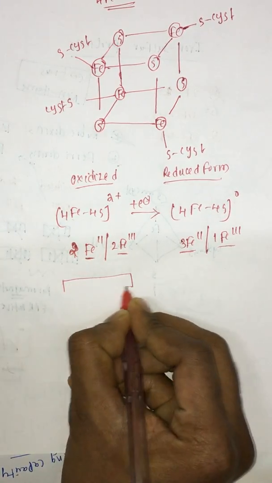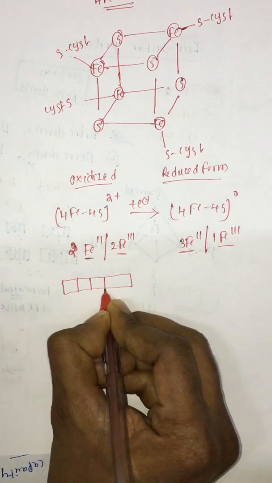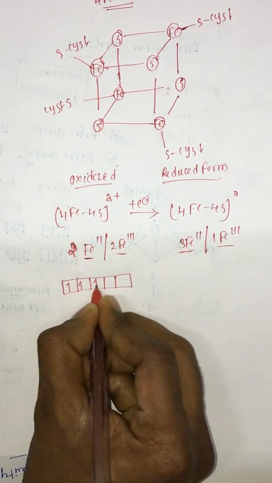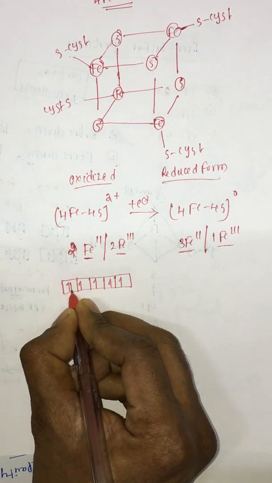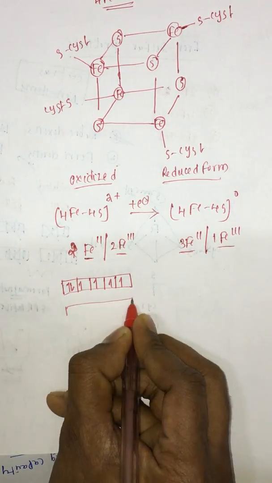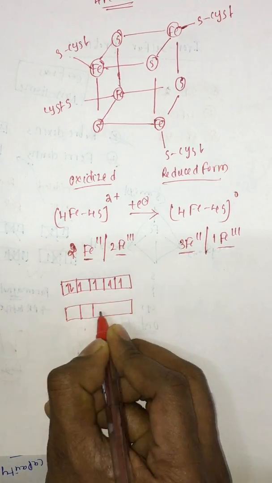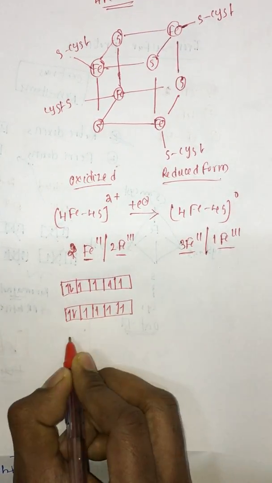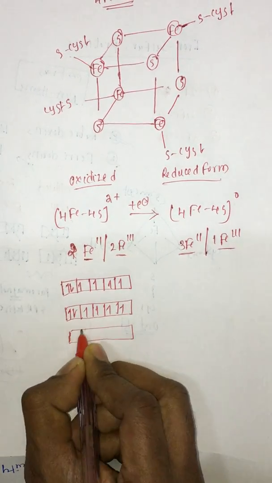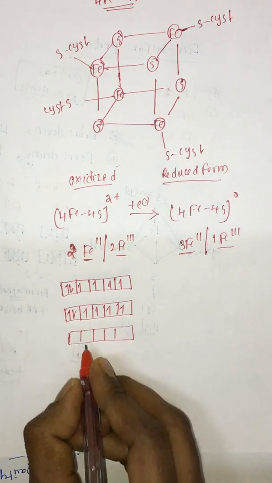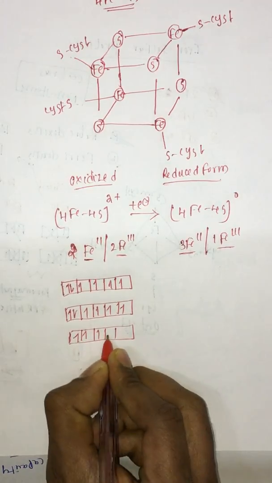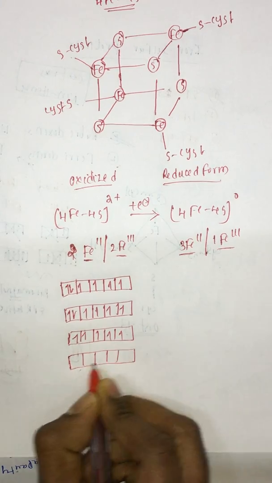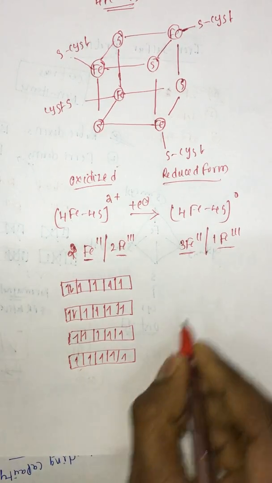So now we'll take Fe2+, which means d6, 1 2 3 4 5 6. Likewise, another Fe2+ also comes here, d6. Now two Fe3+, 1 2 3 4 5, 1 2 3 4 5.